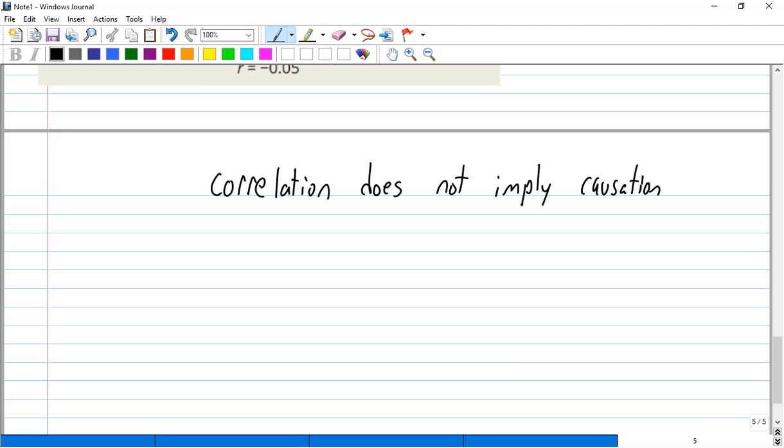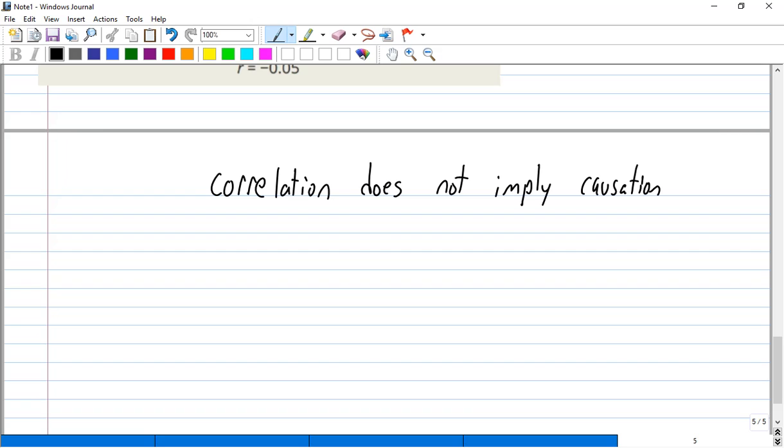Because, like I told you, if I compared the amount of ice cream that was bought from an ice cream truck, and that was one of my variables, and then I compared that to the number of snake bites that was happening at that same time, yes, the amount of ice cream sold will probably increase as the number of snake bites increase, or vice versa.